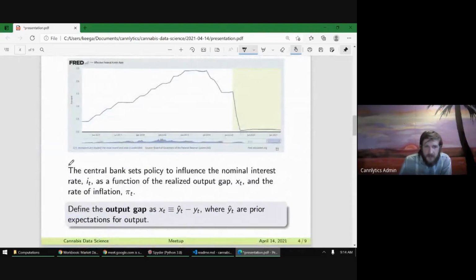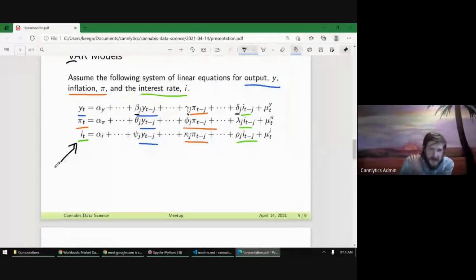Remember earlier we said the central bank sets the interest rate as a function of the output gap and inflation. So basically, they call it the Taylor rule. And this isn't exactly the Taylor rule.